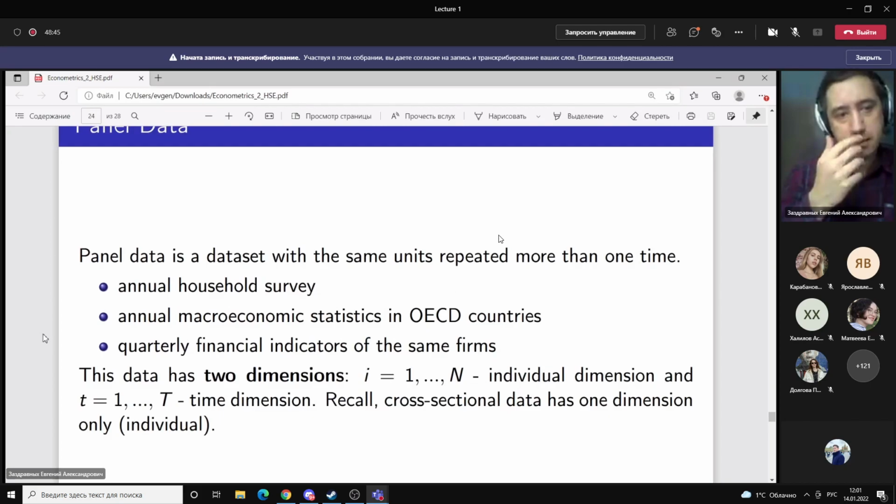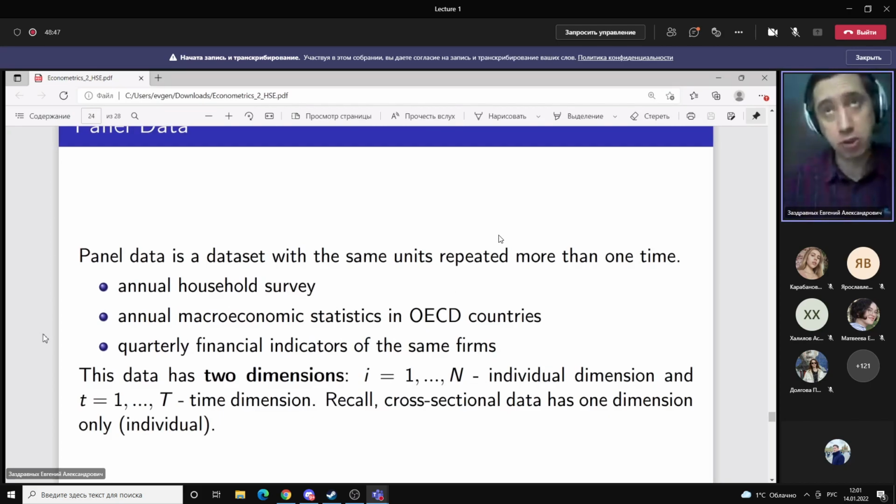And from this definition, you should note that if you want to solve the omitted variable problem using panel data, first of all, you should collect such data. And sometimes it could be pretty easy. For example, if you sell something on Wildberries or Ozon, you can web scrape data every month, data about shops, about products, about prices of products, to get a panel.